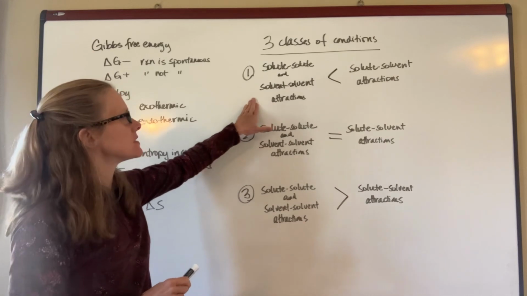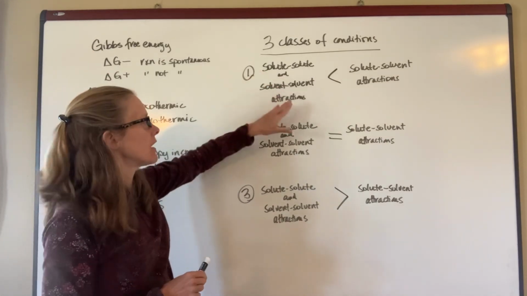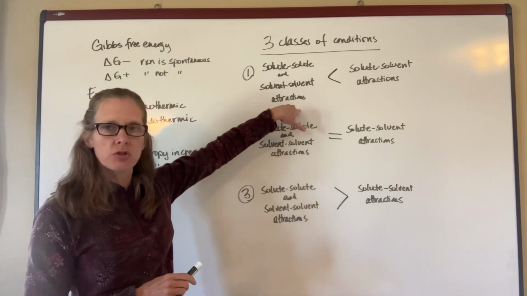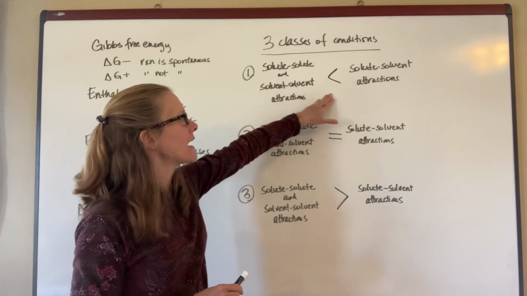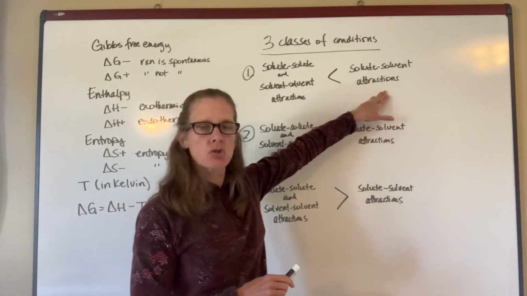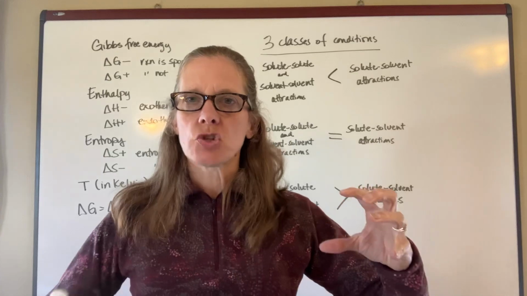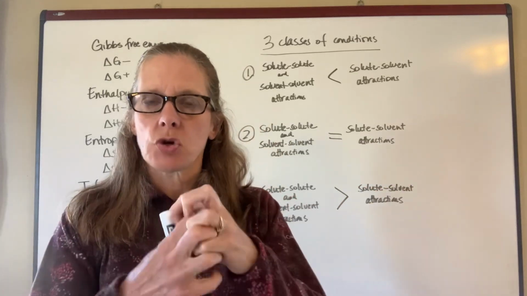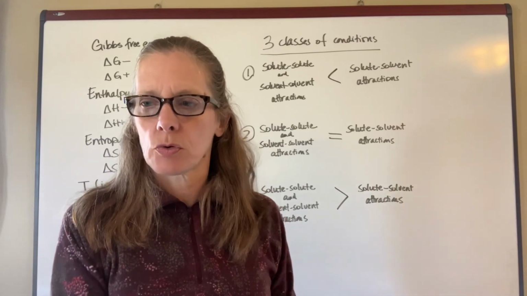The first class is when the solute particles' interaction with each other and the solvent particles' interaction with each other are actually less than the solute and solvent attractions with each other. So what that means is that the solute and solvent are more strongly attracted to each other than the other way around, okay?